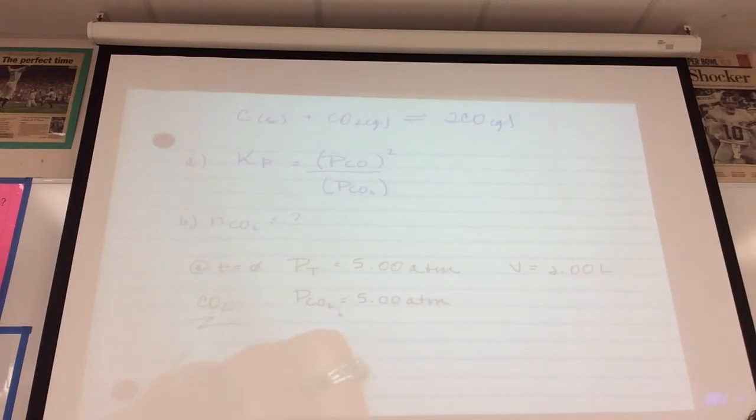So you've got PV equals nRT, n is equal to PV over RT.